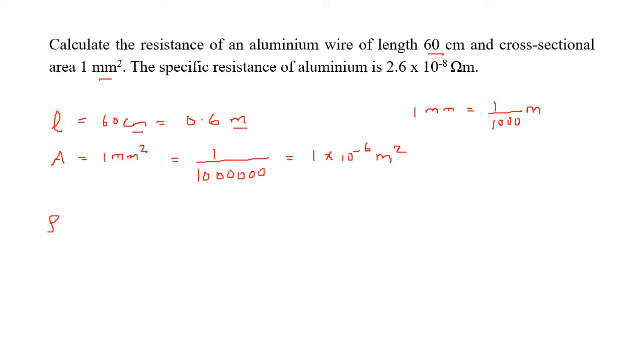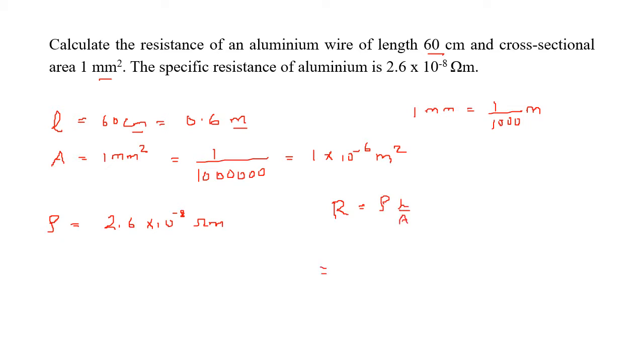And rho, the specific resistance, is given: 2.6 into 10 raised to minus 8 ohm meter. So do you remember the formula for resistance? R is equal to rho L by A.